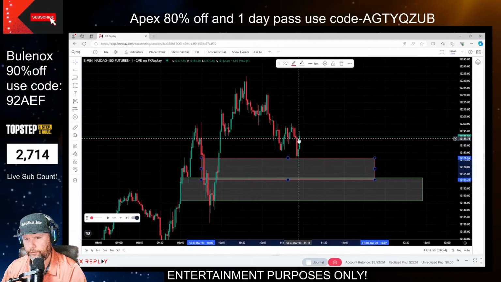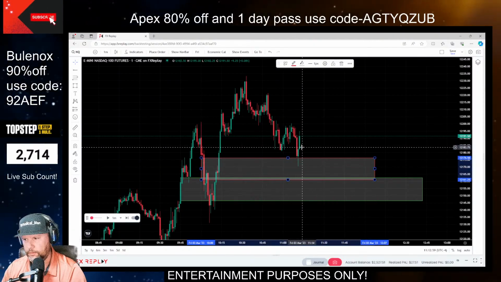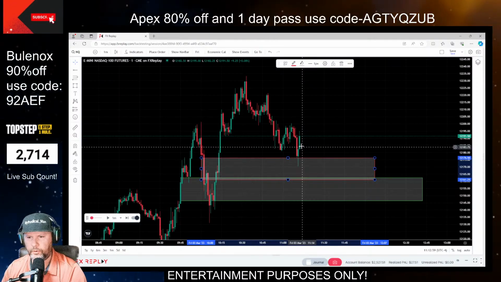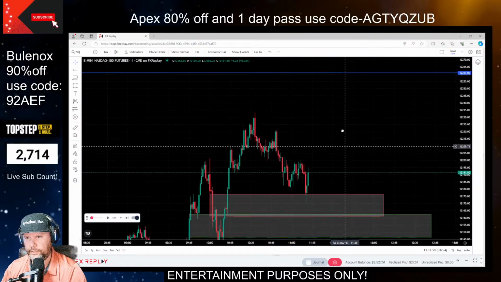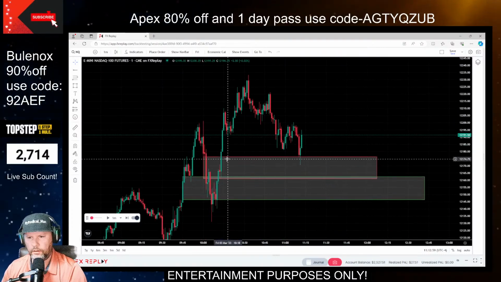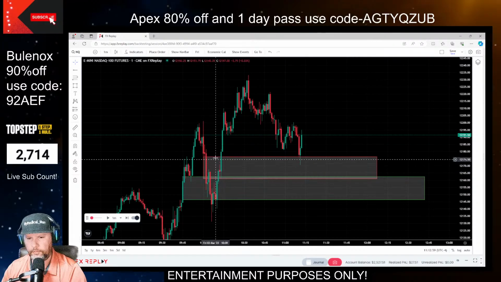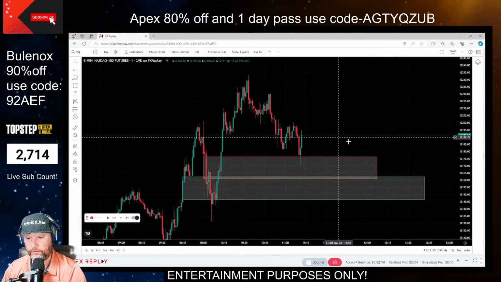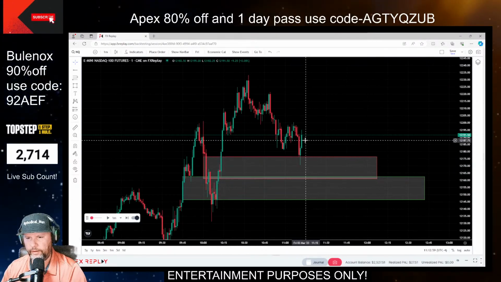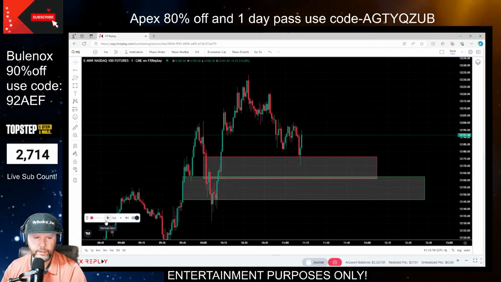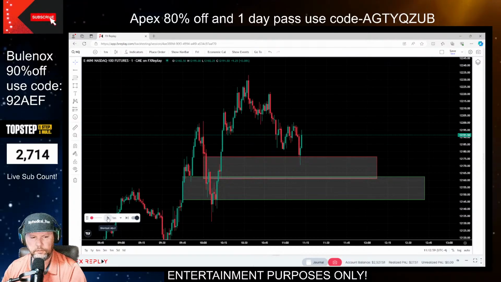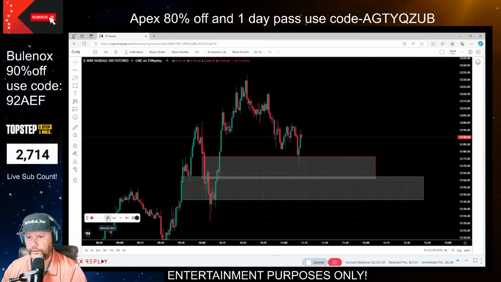Got another little bitty long setup here. 6 points. I don't hate it. Still got that target up there. Holding this gap here. Retest the inversion. What time is it? 11. I wouldn't hate this. I think in real time I might take this. I'm not going to take it right now since we just got out of that trade. But I don't hate this here.